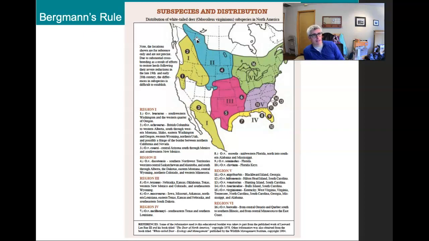One of the ideas is that they're small because they need to lose a lot of heat. They need a lot of cooling. And so they have a larger surface area to volume ratio, whereas in northern areas you have your largest white-tailed deer, particularly western Alberta. The idea there is it gets very cold, and so animals are larger to help retain that heat.